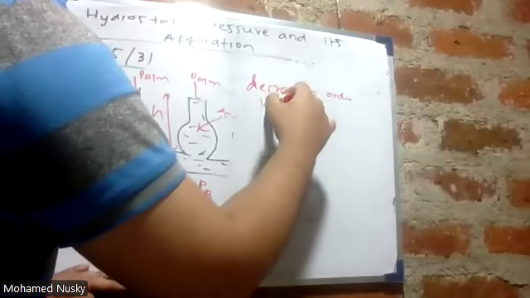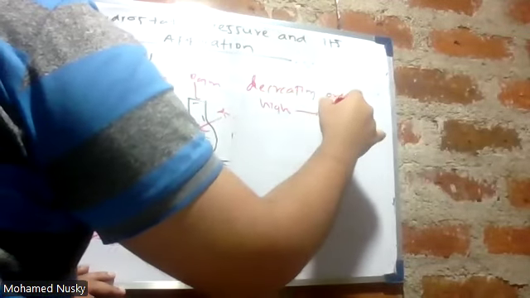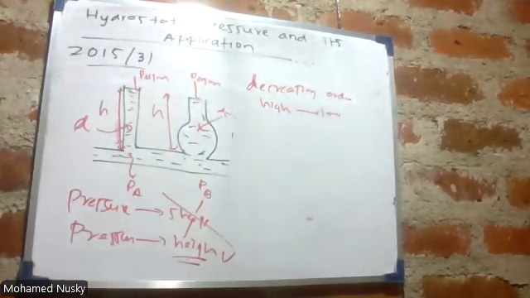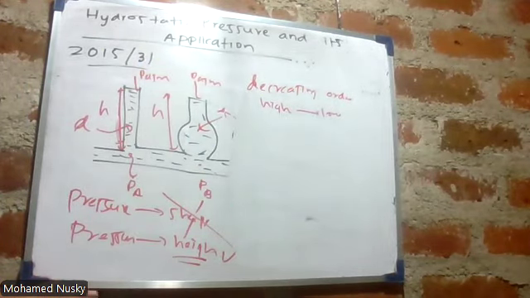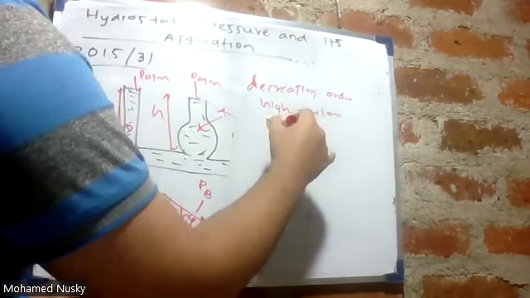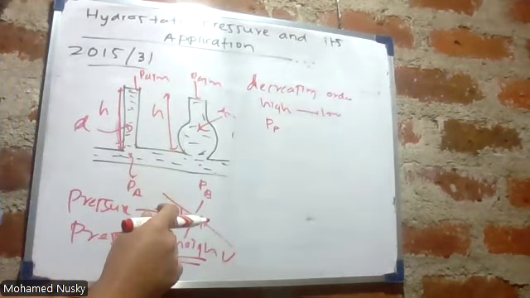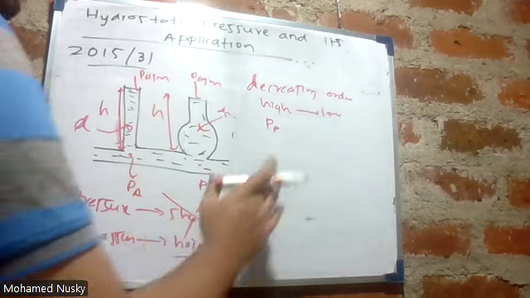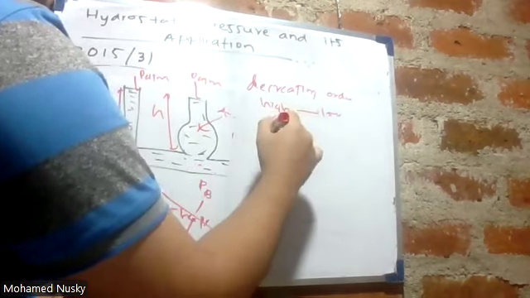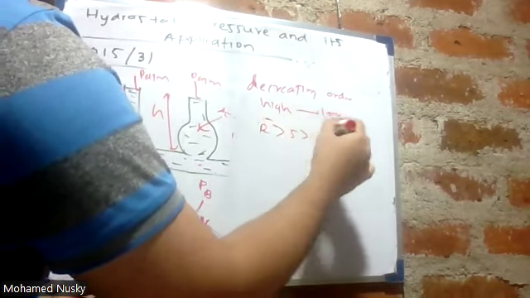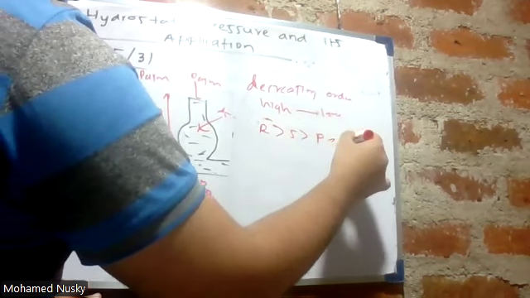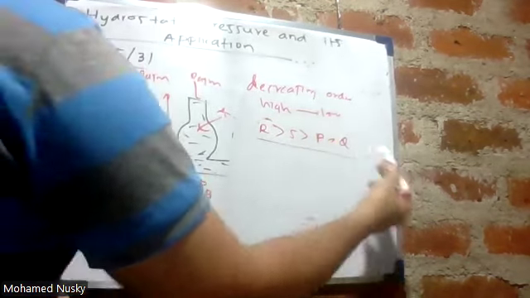Decreasing means high to low, no? So which one has the highest pressure? That is R. PQRS, right? R, after that S, after that P equal to Q. This will be the answer.